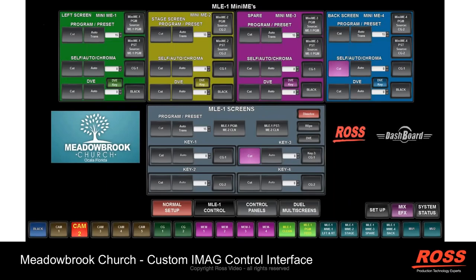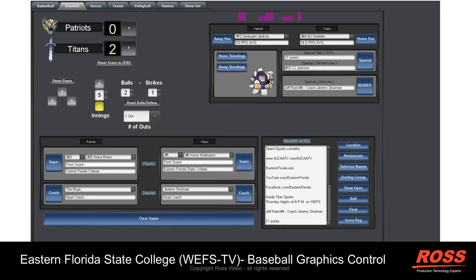As just an example, this one's rather a complex one. This is a dashboard interface built by a Ross customer, in this case a church, where they built this interface. It controls multiple Carbonites all at once, as well as some of their other playback devices and screens, and it's all touchscreen based in this case.